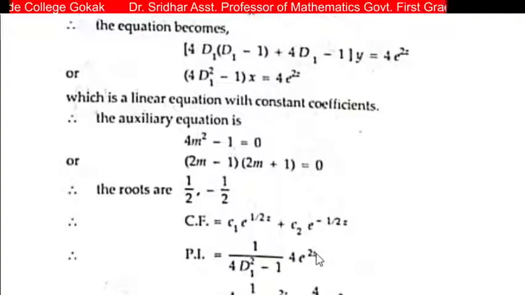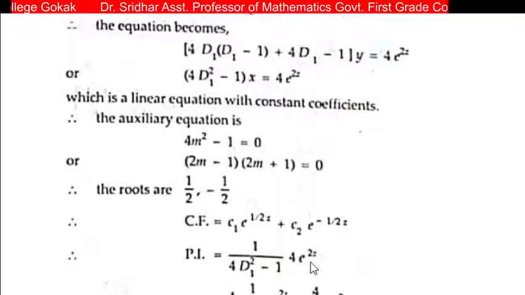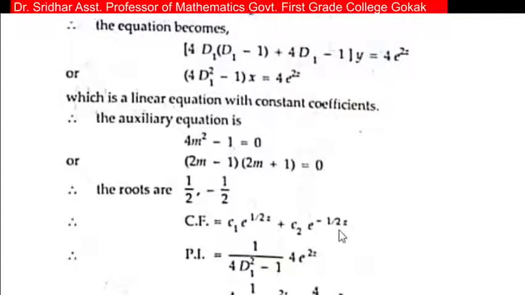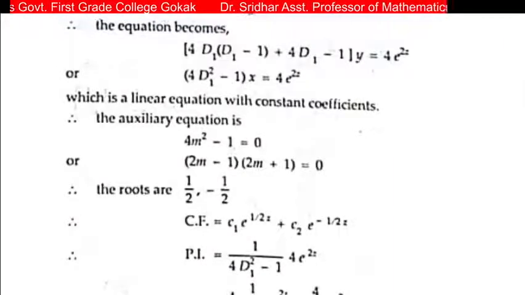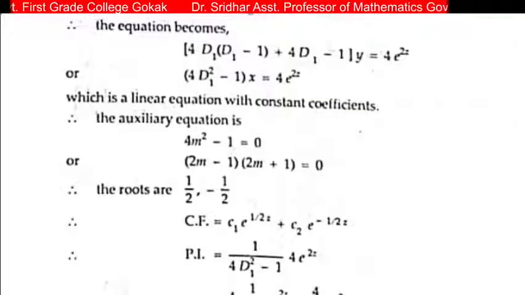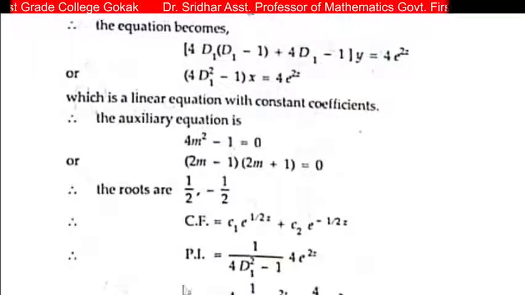Here a means the coefficient of z in e raised to 2z, so a is 2. Replace this D1 by 2, which gives 1 divided by 4 into 4, that is 16, minus 1 is 15. So it is 4 times 1 by 15 into e raised to 2z. So this is the particular integral.